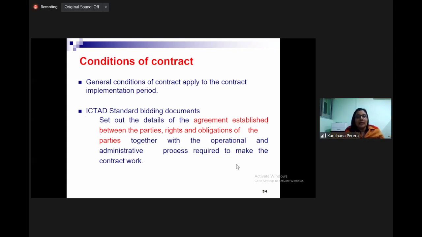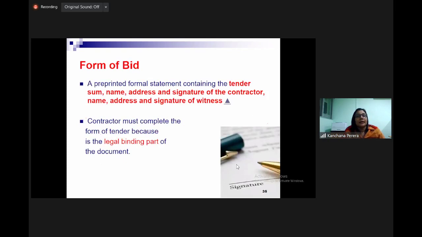When it comes to bonds and guarantees, another clause. When extension of time, another clause. Monthly bills or IPC, some clause. Likewise, there are different clauses in conditions of contract, which give the rights and obligations and duties of the parties. Then we have the form of bid, which is the legally binding part.